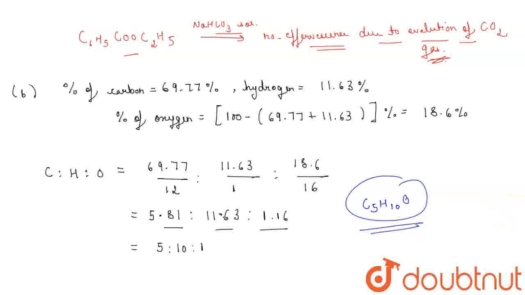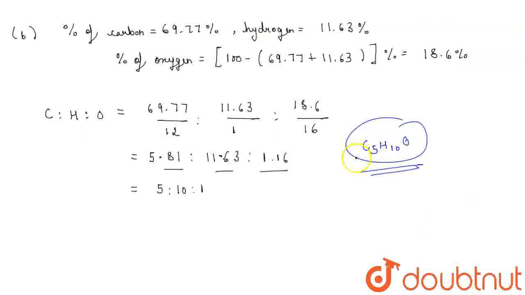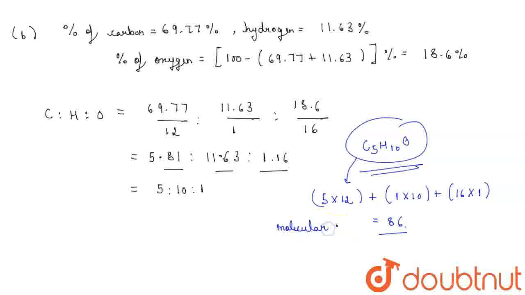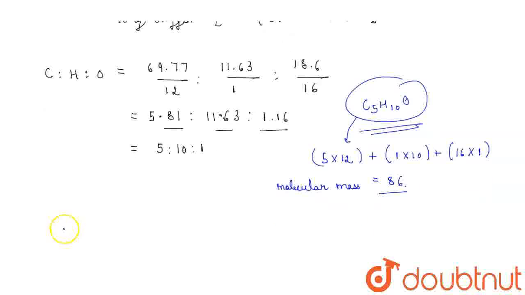Now we will calculate the molecular mass of this compound. It will be 5 into 12 plus 1 into 10 plus 16 into 1, and what we'll get is 86. So the molecular mass of the compound is 86. Clear? Therefore the molecular formula of the compound is C5H10O.